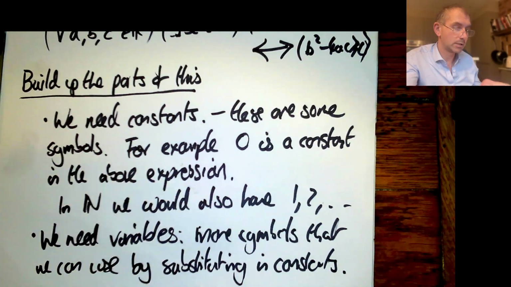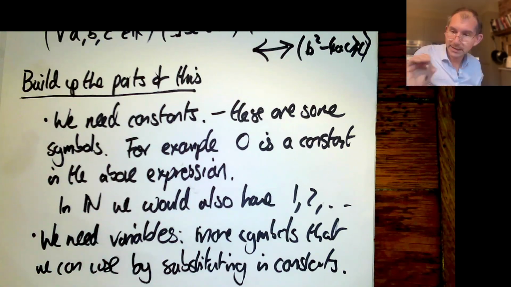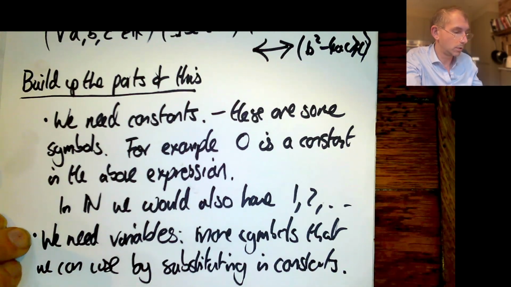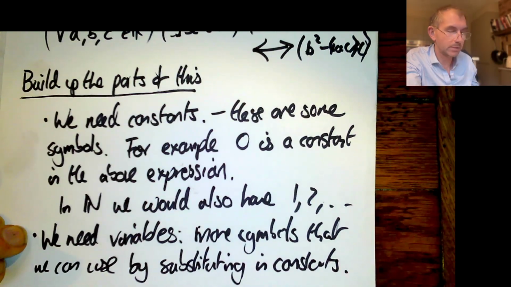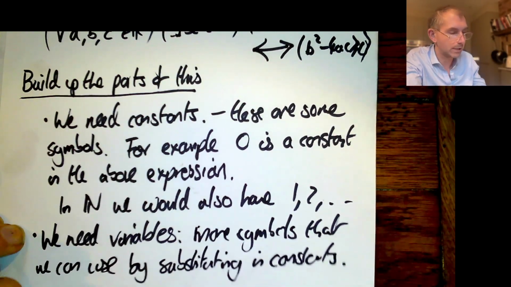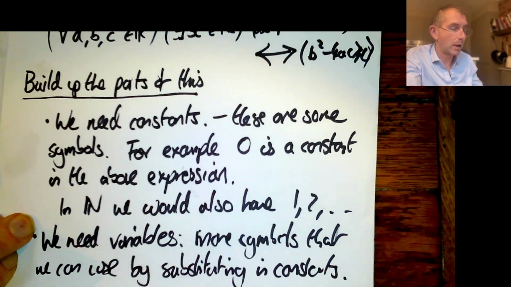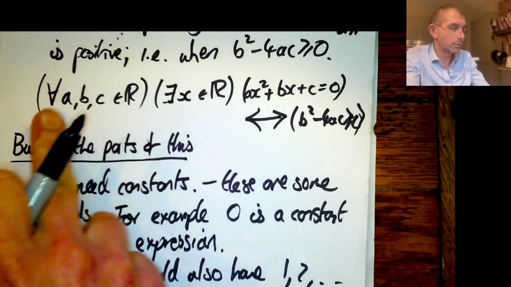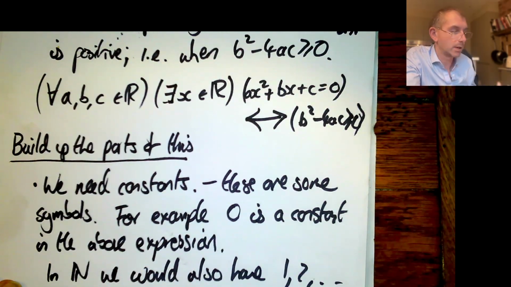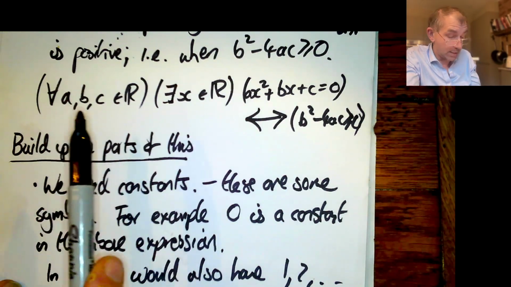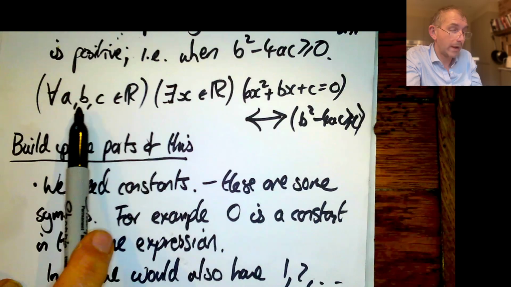Now, sometimes it's a good idea to use capital letters to talk about your variables, because sometimes you want to talk about constants without saying exactly what they are, and then you want to use lowercase letters. But I thought if I wrote all of these as capital letters, we wouldn't recognize it as a quadratic equation. So in this case, these are all variables.